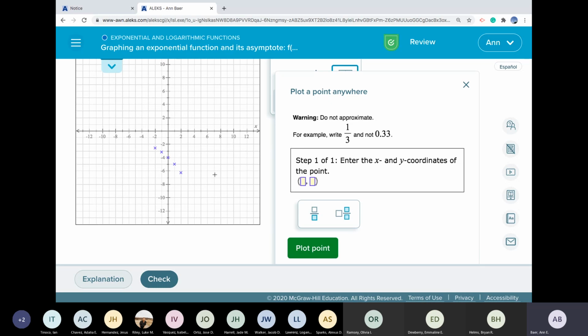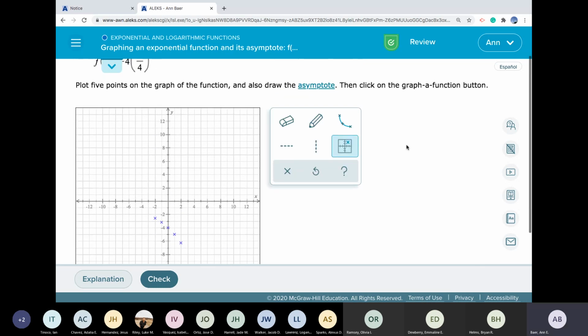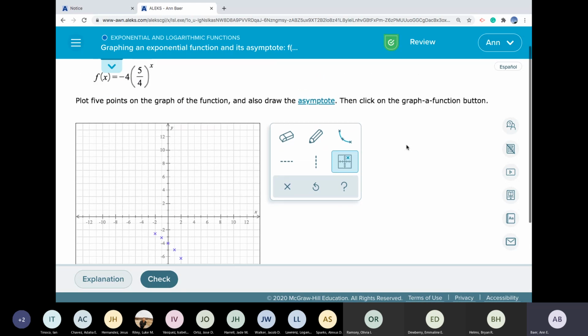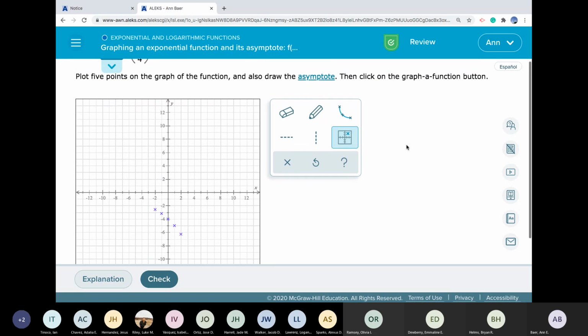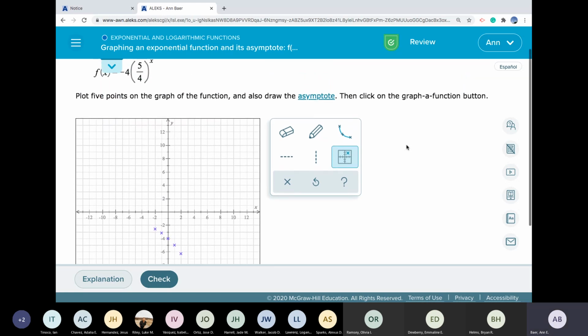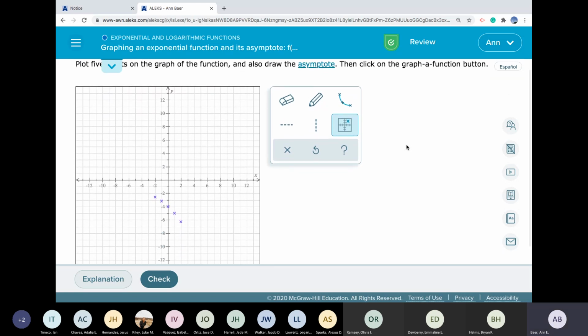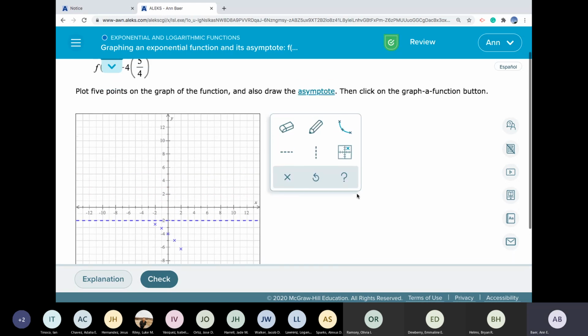Okay, so we're going to have to look at this and try to get a feel for where that asymptote is. So you can make a guess. Let's make a guess. I'm going to think that this asymptote may be leveling off at negative 2 here. So let me try that. I'm going to say it's there.